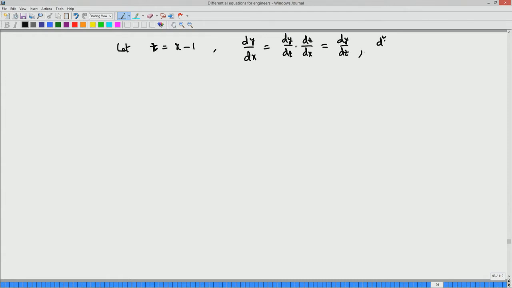Similarly, d square y by dx square is d by dz of dy by dx, which is dy by dz into dz by dx, which is again d square y by dz square.